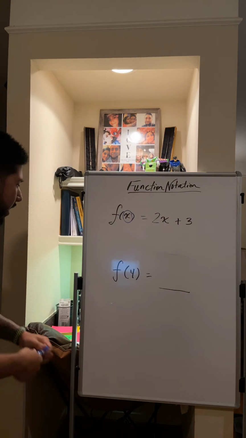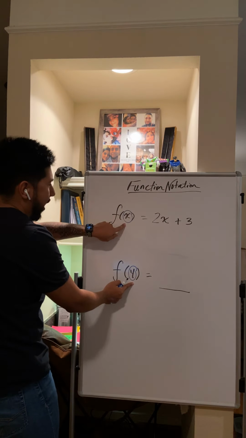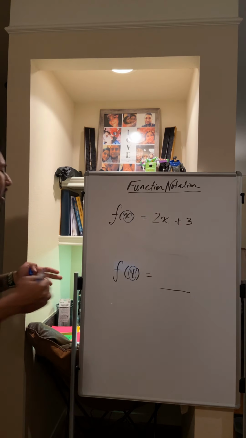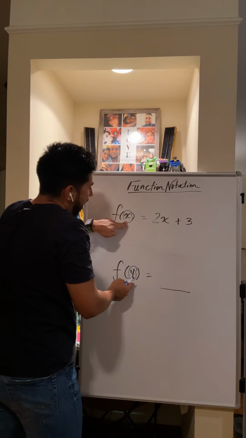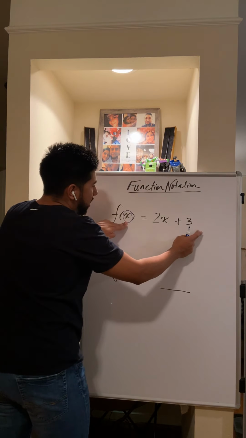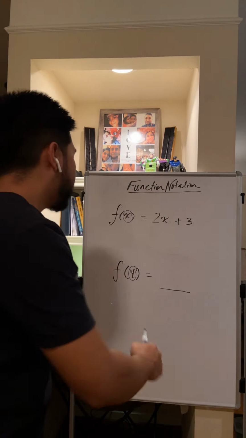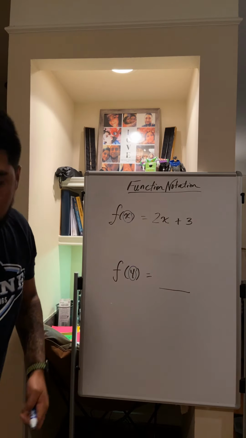So if I put it into the equation, where do you think I put this 4? Obviously this 4 is my x, and the only other x here is right there. We're going to put a 4 right here instead of x. Let's do it very slowly.